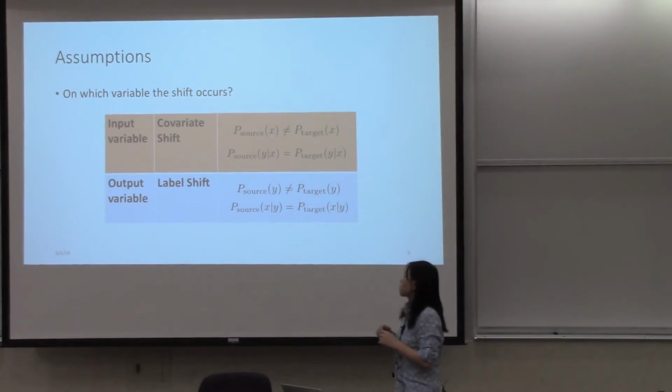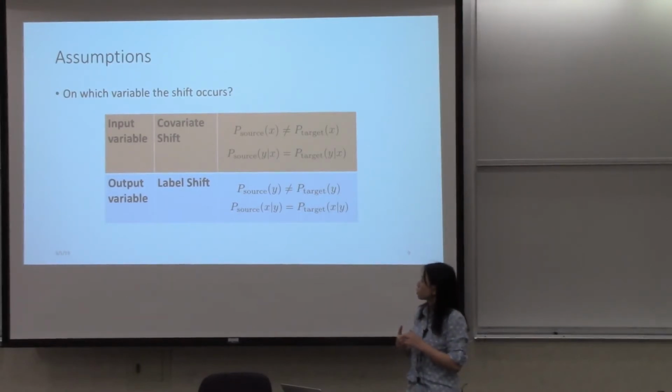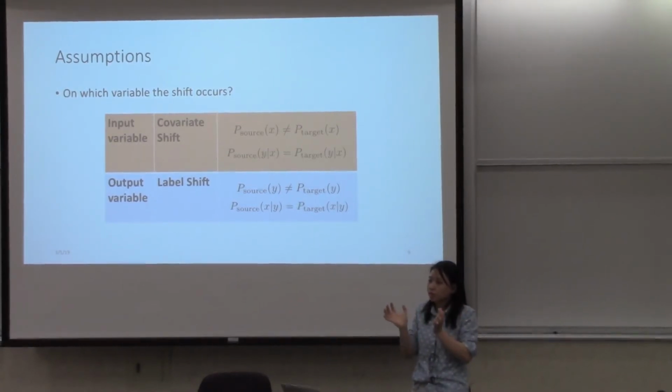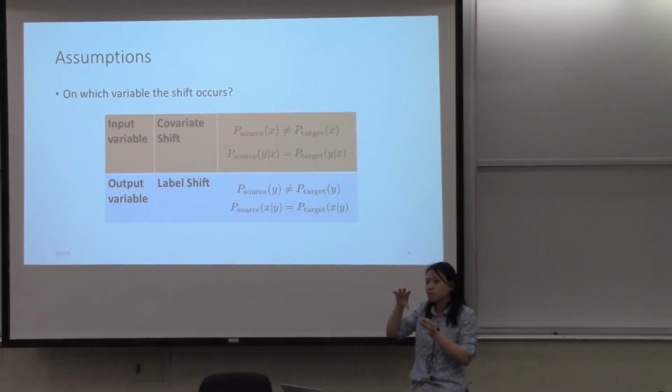And the label shift case is more suitable for situations like, for example, in clinical applications, where you want to predict a disease given the symptoms. But usually, given the disease, the symptom distribution is the same. It's that you have different disease distributions when you sample data from different time periods or from different locations of the country.